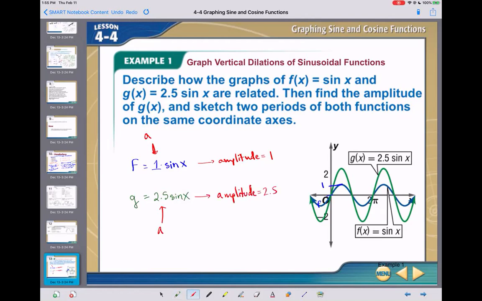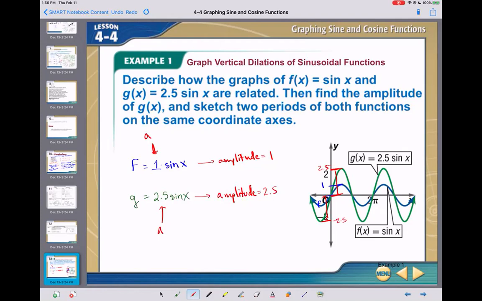Now let me point out what that 2.5 does not mean. It does not mean that it goes up to 1.25 and down to 1.25, double it, you get 2.5. That's not what it means. It means from the midline, so from the x-axis to the top, you get a height of 2.5, which would also mean from the midline down to the bottom, you would have a total distance of 2.5, but it's going downward.